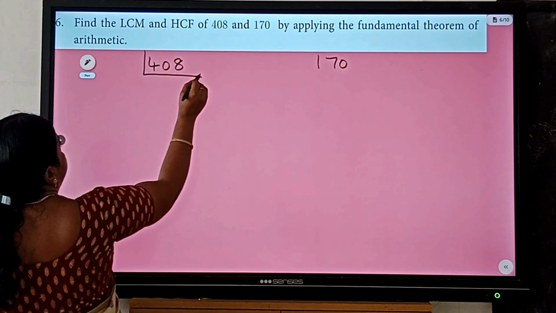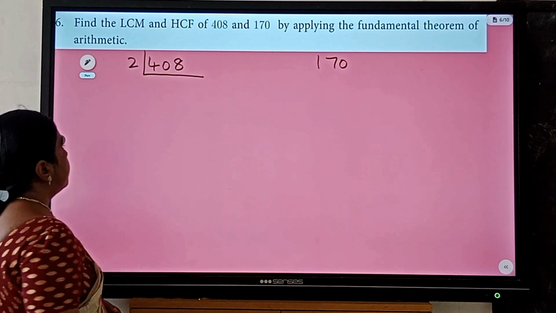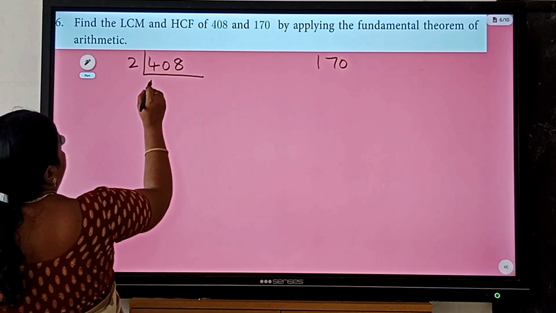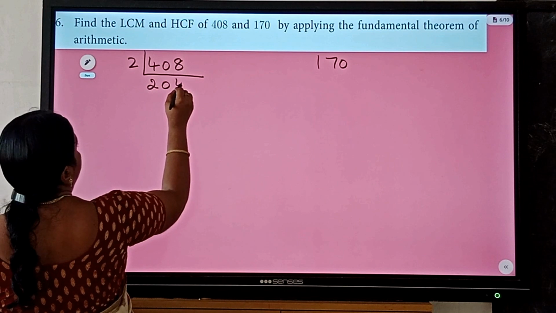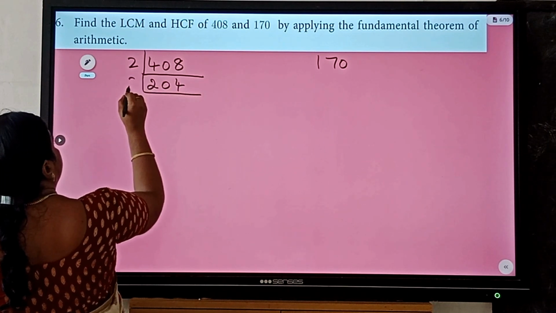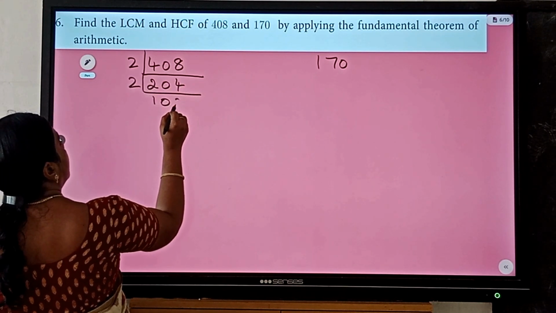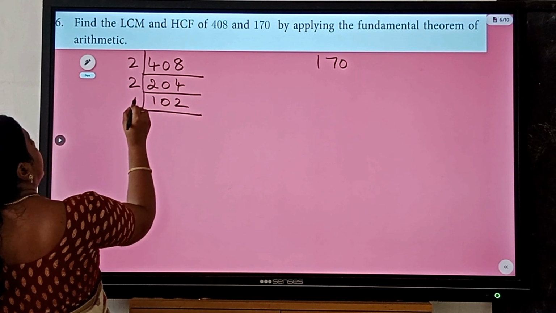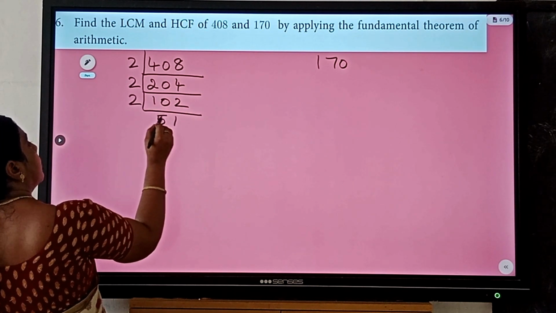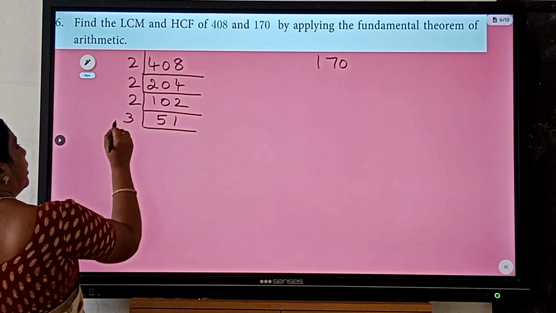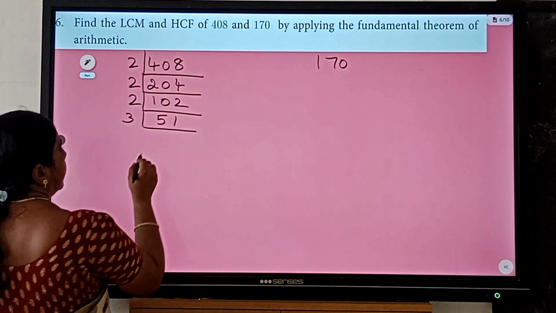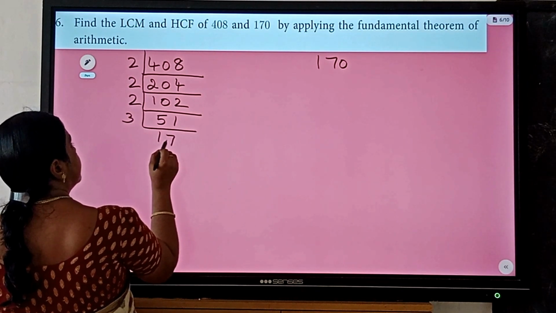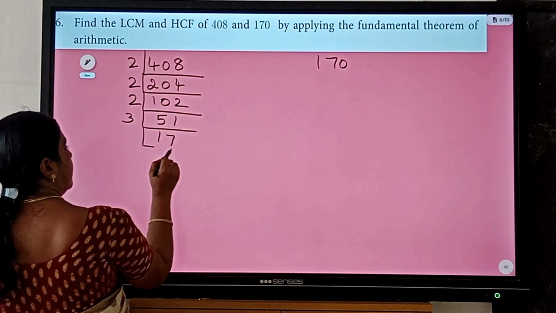So 408, factorizing it first by 2, dividing it by 2, 204, then again by 2, 102, again by 2, 51. Now by dividing it by 3, 3 ones are 3, then 17. 17 3s are 51.